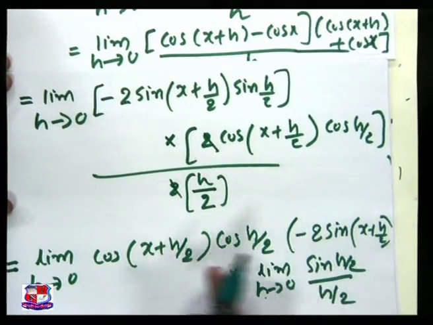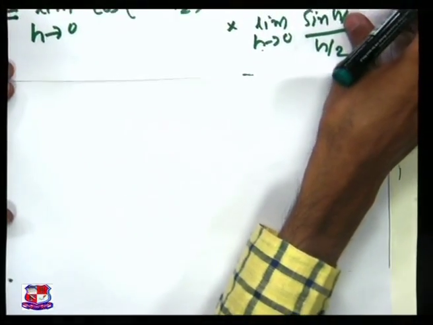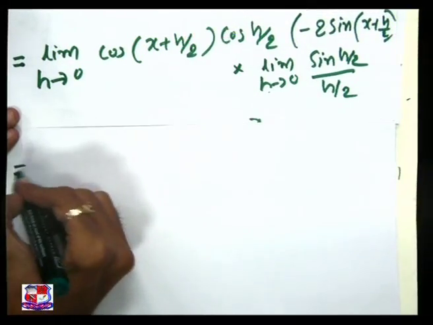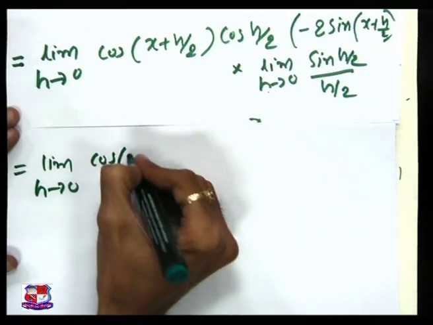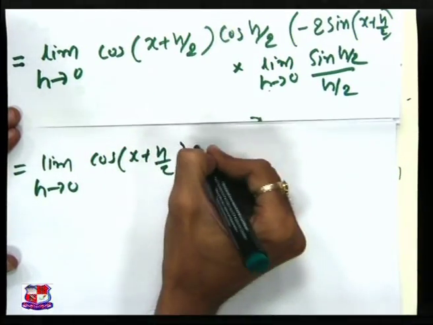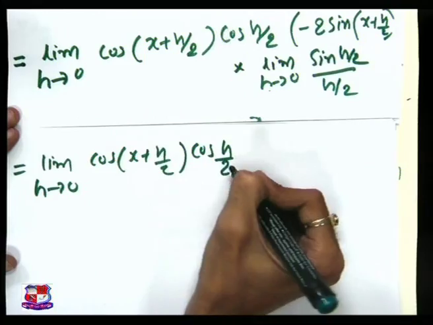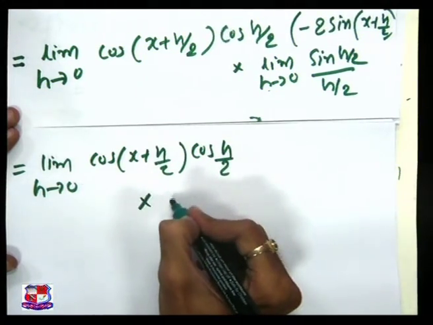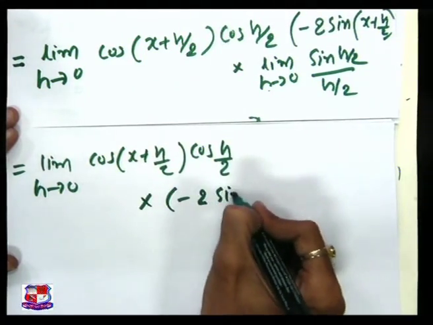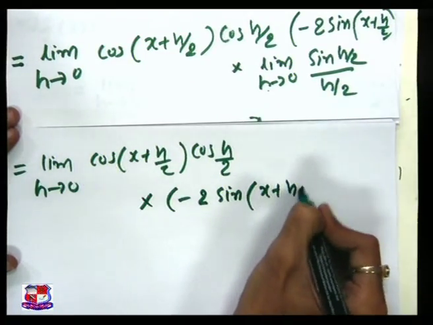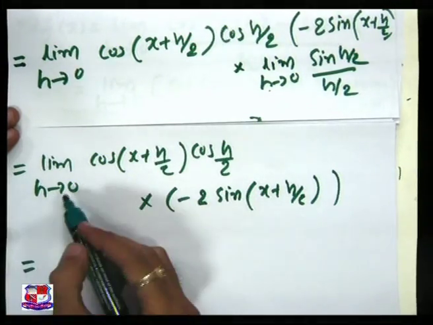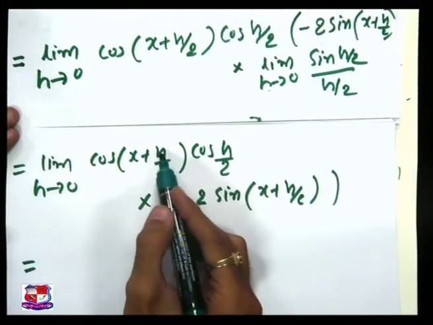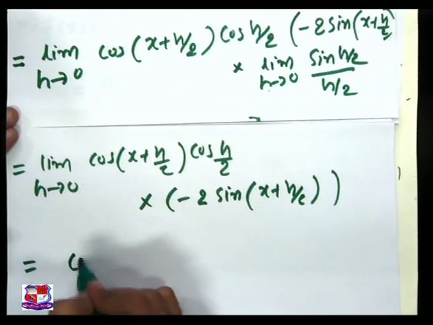So our answer is limit h tends to 0 cos x plus h by 2 into cos h by 2 into minus 2 sine x plus h by 2, right? This one will be our answer. So if we put h tends to 0, then this one is 0, so that is cos x.